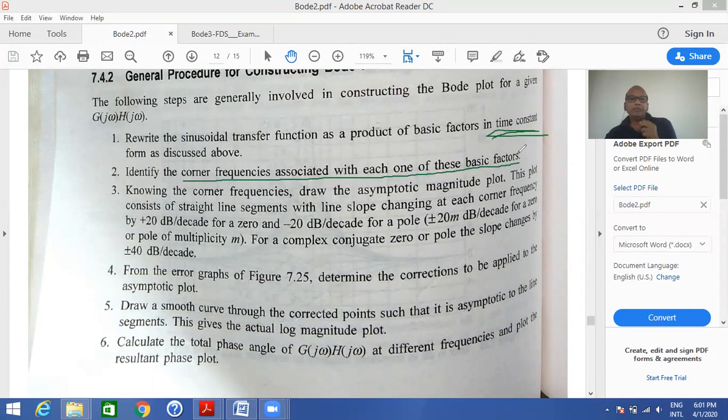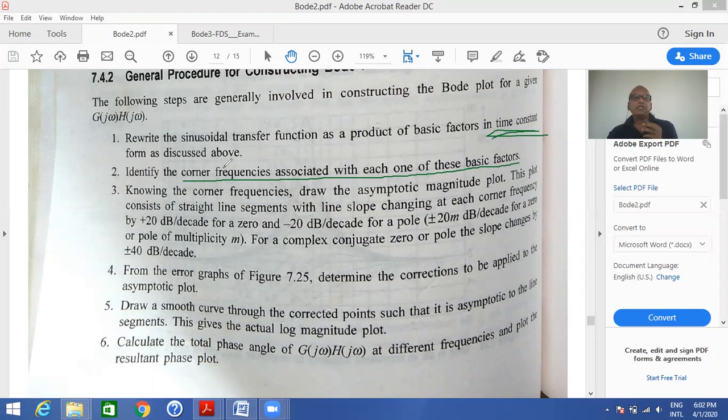At a basic level, at least you should draw the approximate magnitude plot.